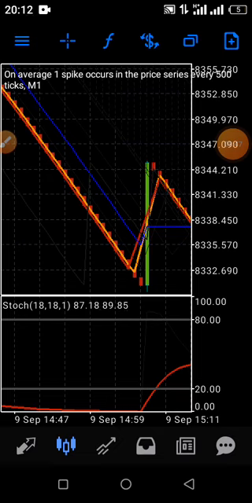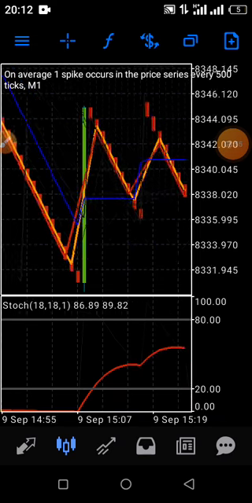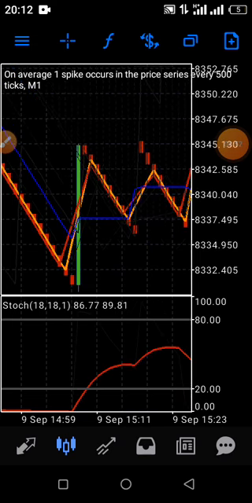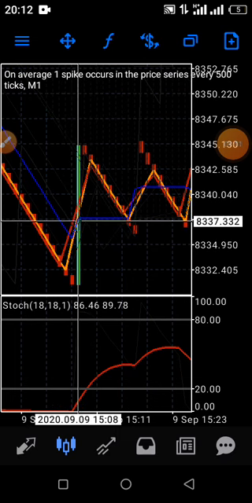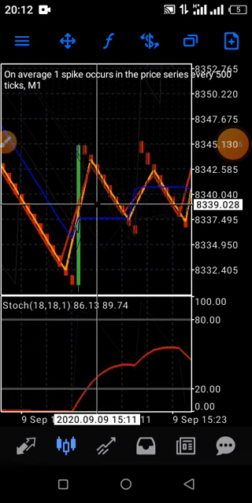Coming from a long trend, then one spike happens. When that particular spike happens, like here, the spike happens and the Ichimoku reaches here, then the Ichimoku drags away from the alligators. It means another spike is about to happen, right?